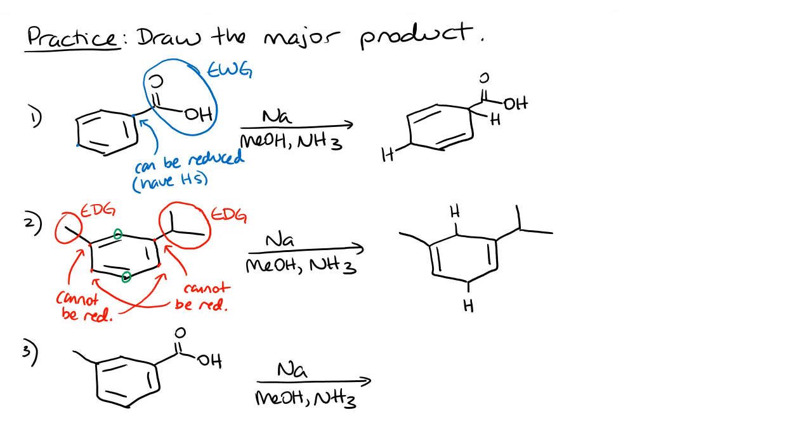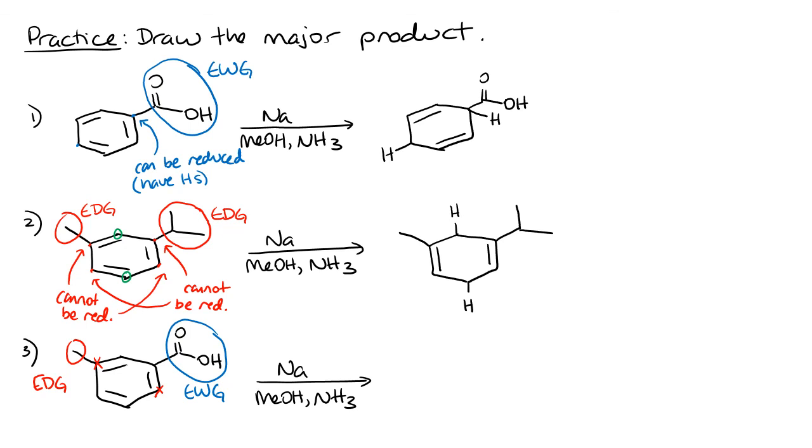And in our last example, we have a combination. We have a carboxylic acid, which is an electron withdrawing group, and we have an alkyl group, which is electron donating. So we know that the carbon containing our electron donating group cannot be reduced, neither can the carbon that's opposite from it.